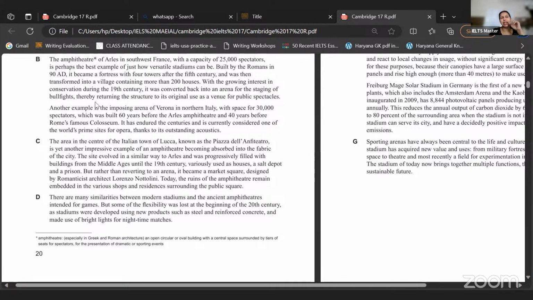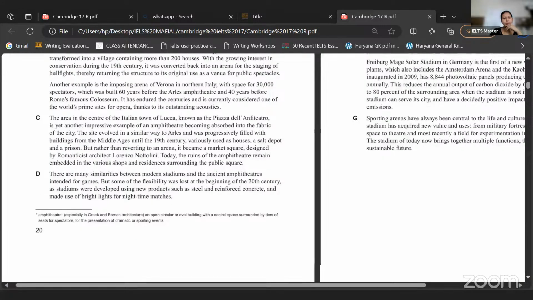Keep one thing in mind: after of, a, and the, the answers are always hidden. So for the staging of bullfights, thereby returning the structure to its original use as a venue for public spectacles. So what is it being staged for? Bullfights.